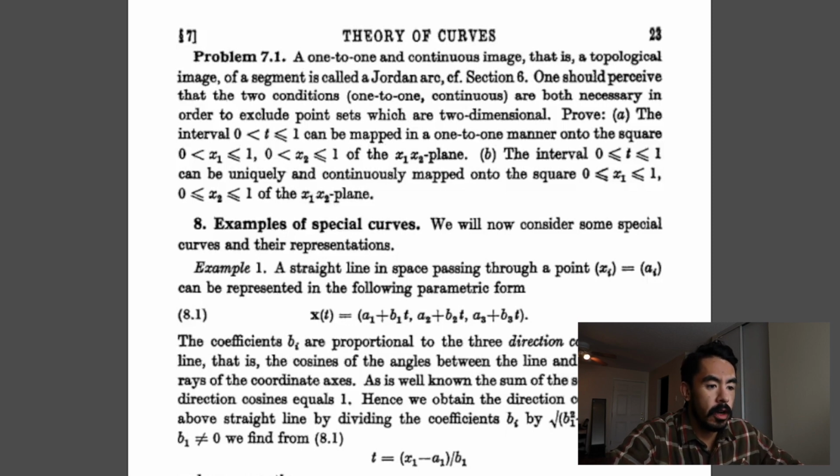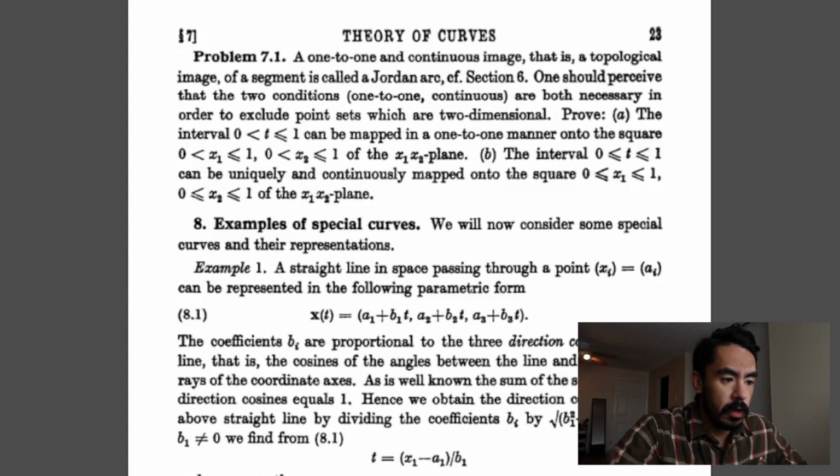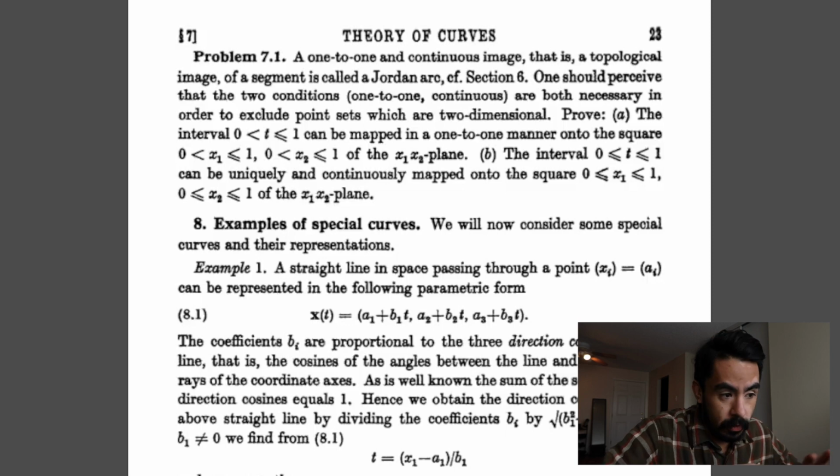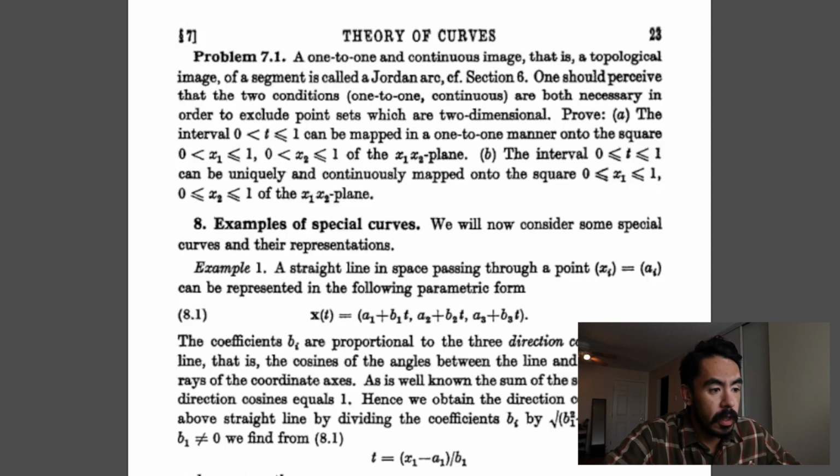Similarly, we'll have another interval for a second dimension, x2, open at 0, closed at 1, of the x1, x2 plane. So I'll read that one more time. We're going to prove that the interval of t, open at 0, closed at 1, can be mapped in a one-to-one manner onto the square in an x1, x2 plane that's open at 0 on both dimensions, closed at 1 on both dimensions.